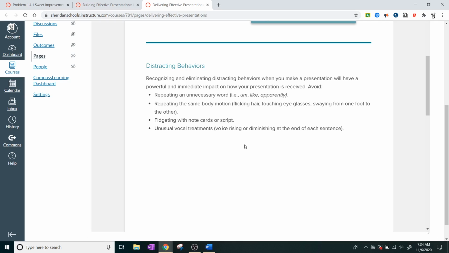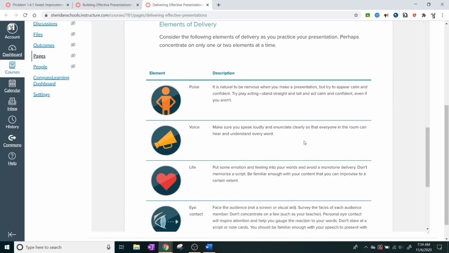Try to just think about doing the exact same volume all the way through. Don't go up, don't go down. Just try to do the same volume. You can make your speech more attractive by changing more than your volume. You can change your tone, you can change your inflection, and all of these, your voice is very, very versatile, and changing all of these things will make you more presentable.